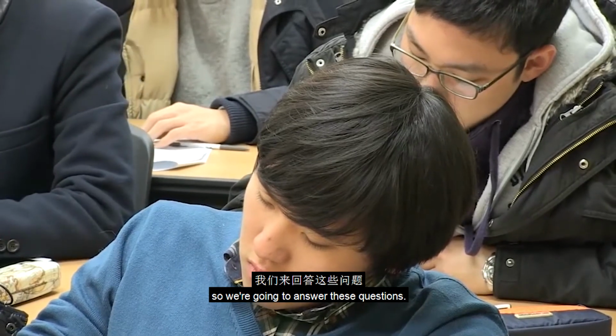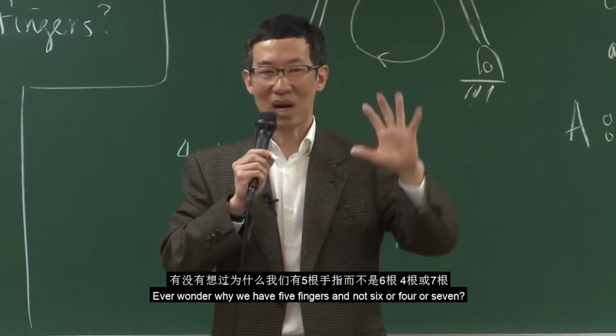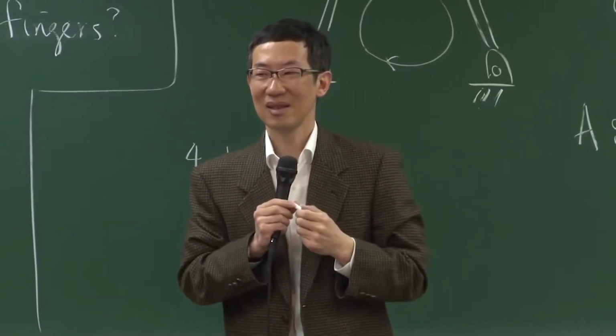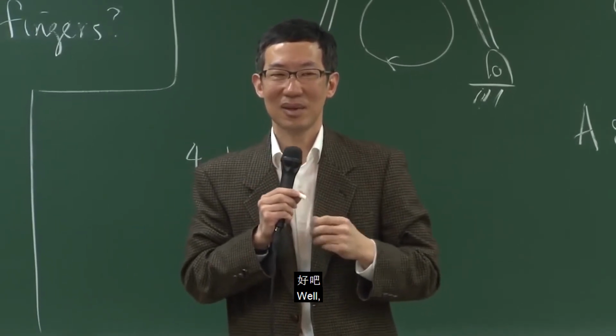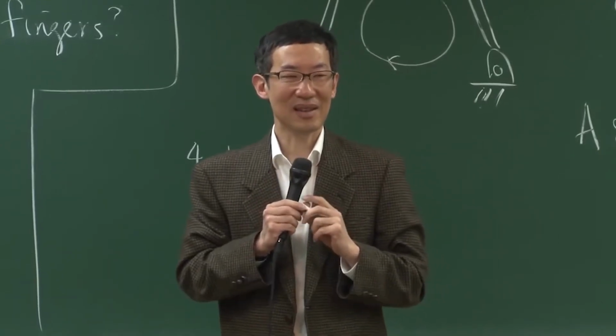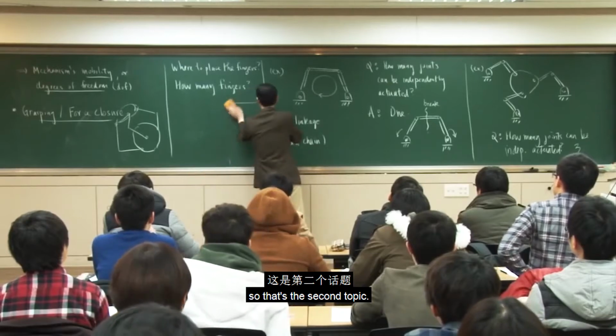We're going to answer these questions. Ever wonder why we have 5 fingers and not 6 or 4 or 7? Well, we'll be able to answer some questions about that. So that's the second topic.